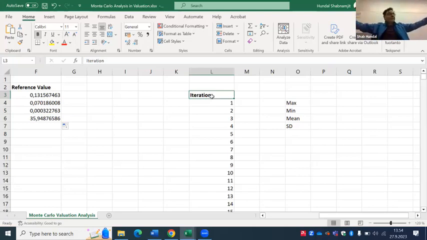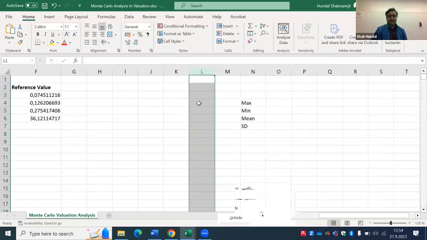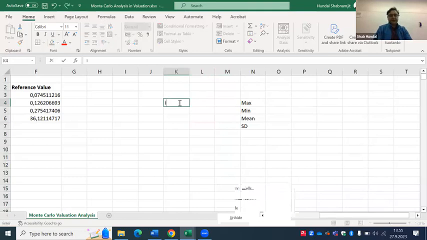That is a continuous measure. That is why I can even do this part by myself. I'm basically deleting it. I can type it again. I call it iteration.